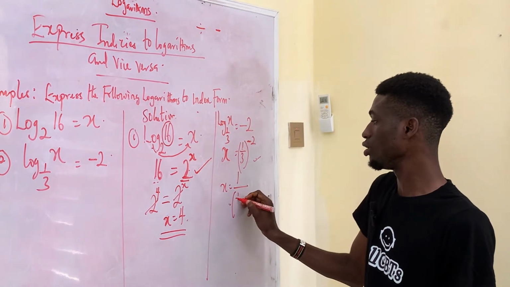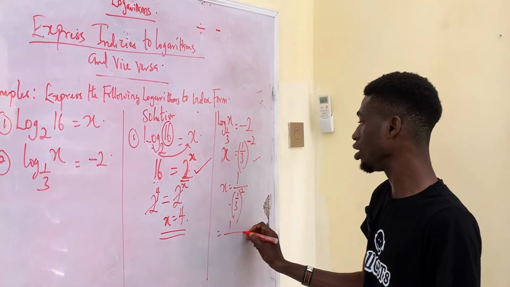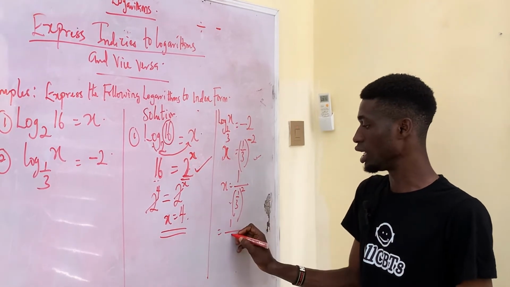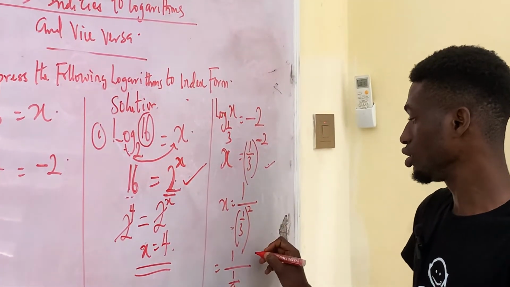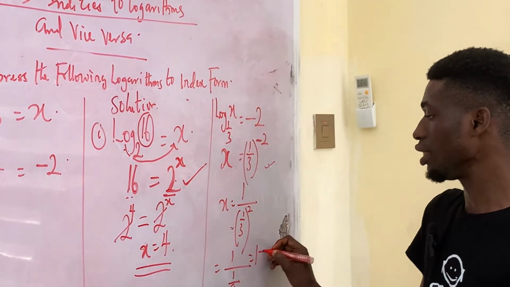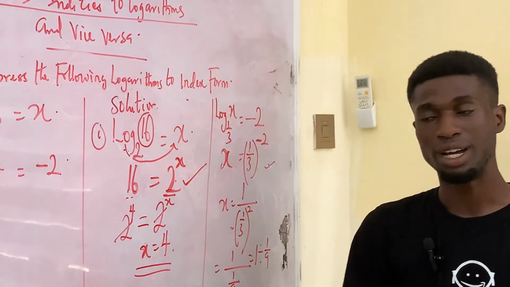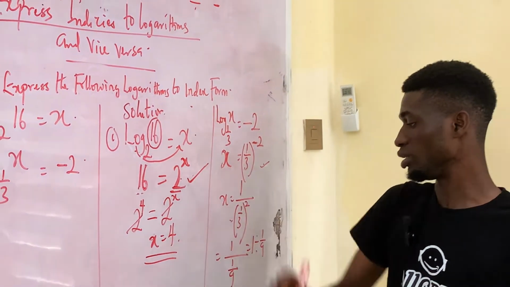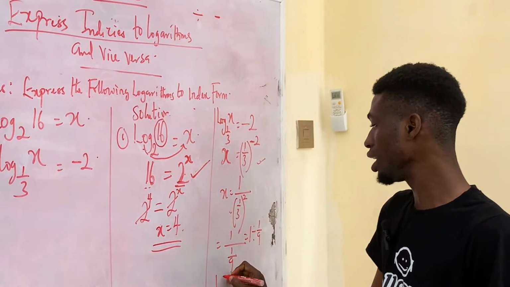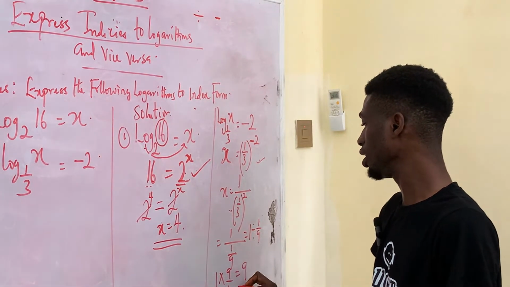That will be 1 over 3, everything raised to power 2, which is 1 all over 1 square is 1, all over 3 square is what? 9. So this you can write as 1 divided by 1 over 9. With the idea of BODMAS in fractions, our division is going to change to multiplication. So we have 1 times 9 over 1. Our final answer will be 9.